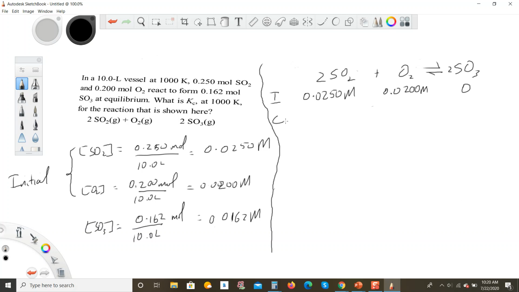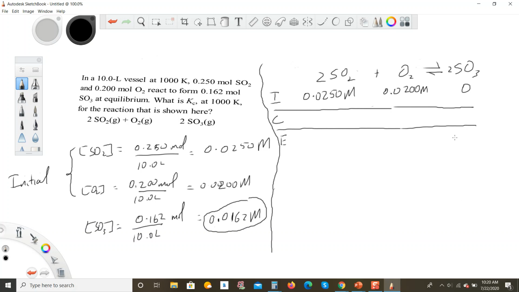We're going to have some changes in these amounts, which I will get to later, but I want to get to the equilibrium part of it. Now at equilibrium, according to the question and our calculations, the concentration of SO3 will be 0.0162 M, and that value will occupy this position right here.